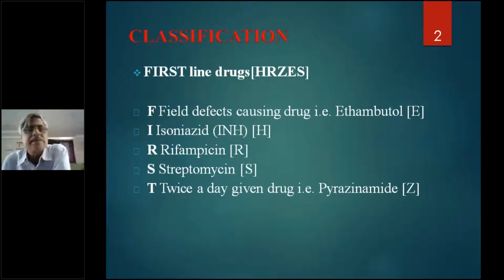So many drugs have to be given. Initially they were trying only these five first line drugs, like streptomycin, isoniazid, rifampicin. But the people have become resistant because of various reasons.